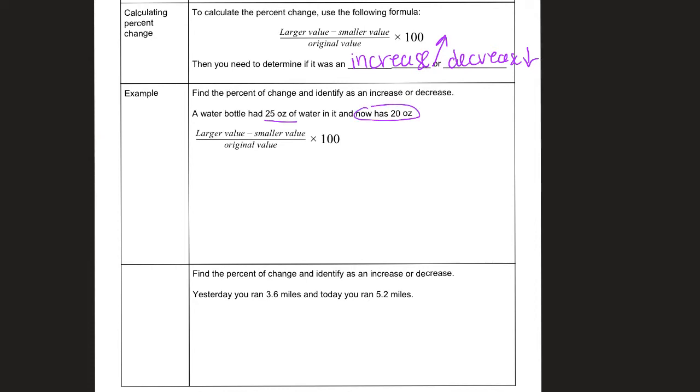Okay, so a water bottle had 25 ounces of water in it and now has 20. So we're going to take the larger value, 25, minus the smaller value, 20. And when we started, the water bottle had 25 ounces. So that's what we're going to divide by.